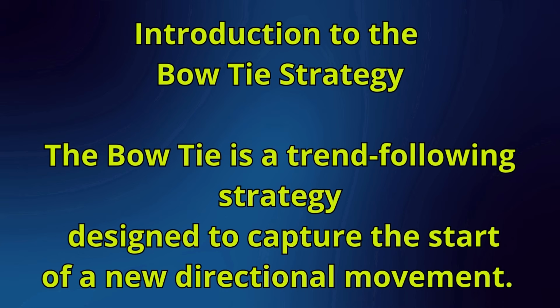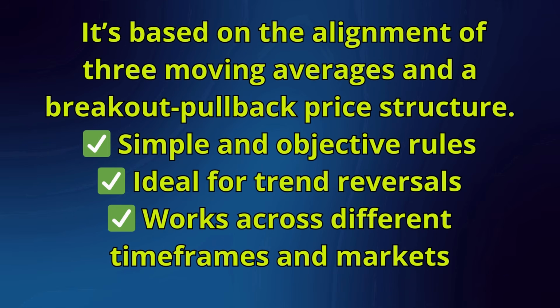Welcome, everyone. Today, we're diving into the bow tie strategy. At its heart, this is a pure trend-following system designed with a single clear purpose: to capture the start of a new directional movement in the market. This strategy is built upon two core principles: the precise alignment of three moving averages and a classic breakout pullback price structure.